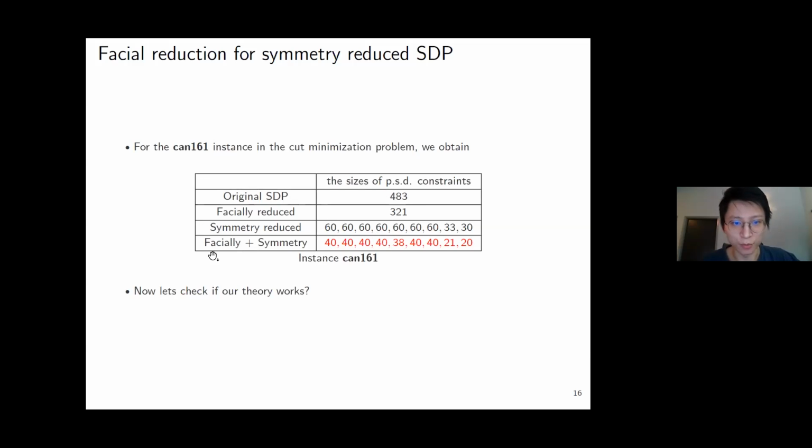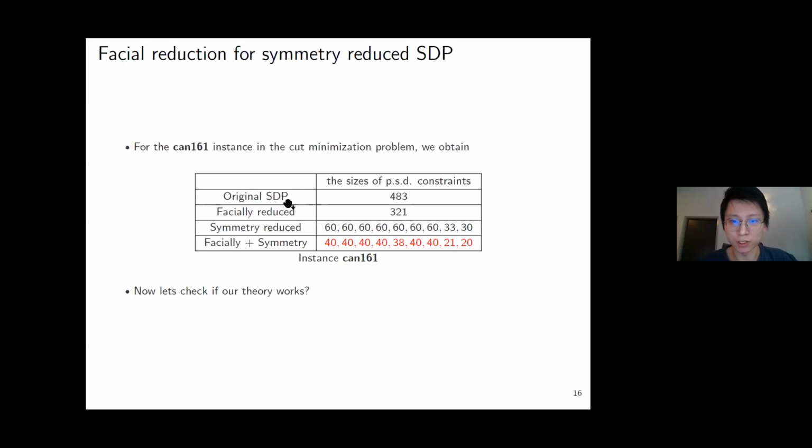So let me repeat. We are given an SDP relaxation whose size might be too big to solve. And in this case, we have a PSD constraint of size 483, and this is just too big to solve for, I think, any interior point SDP solver. You can do facial reduction.